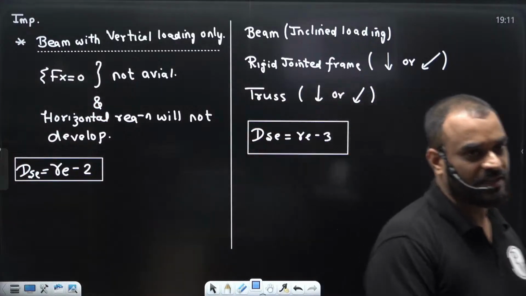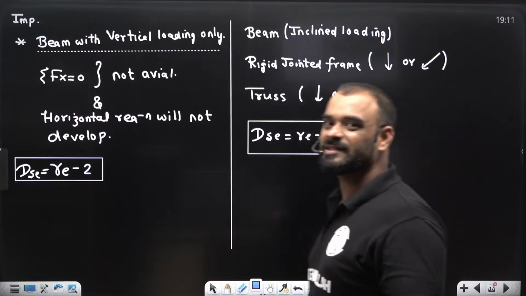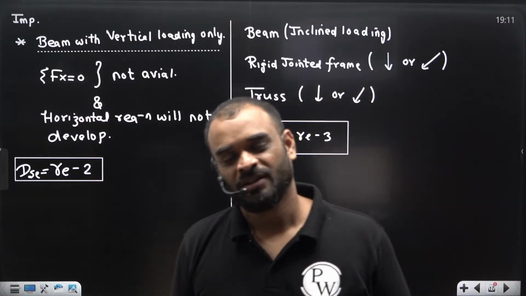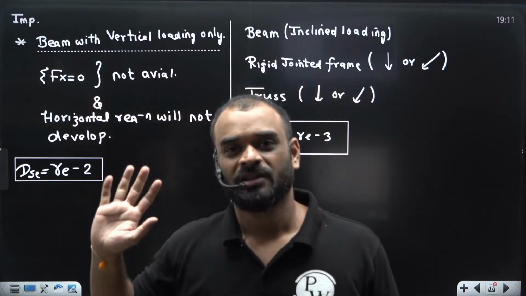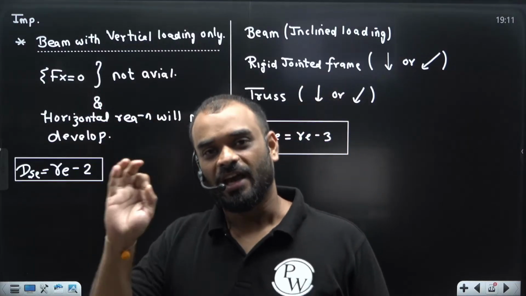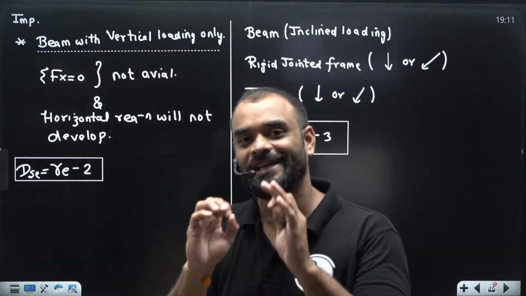Are you able to understand, guys? Please write down yes or no. If I write down the formula Re minus 3, then it is not worthful for you guys, unless you understand these types of points related to the external static indeterminacy, then you are not able to calculate DSC correctly.